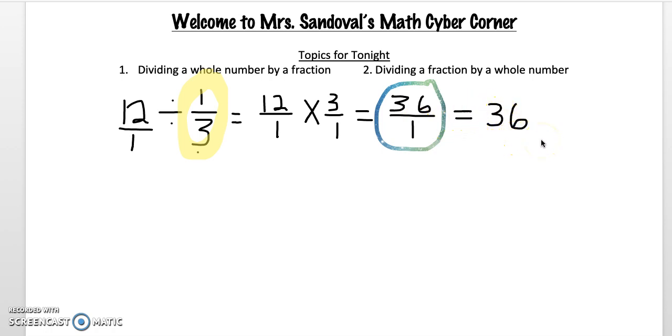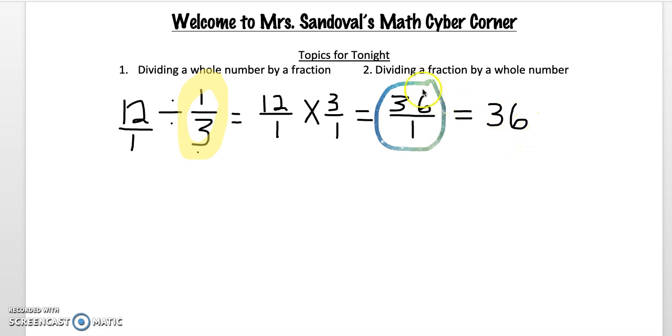Now, if we connect this to an actual word problem, we can pretend that the 12 means 12 whole pizzas. And we are asked to divide each whole pizza into thirds, or in other words, into 1/3 pieces. So the question would become, how many pieces do you have after dividing 12 whole pizzas into thirds?